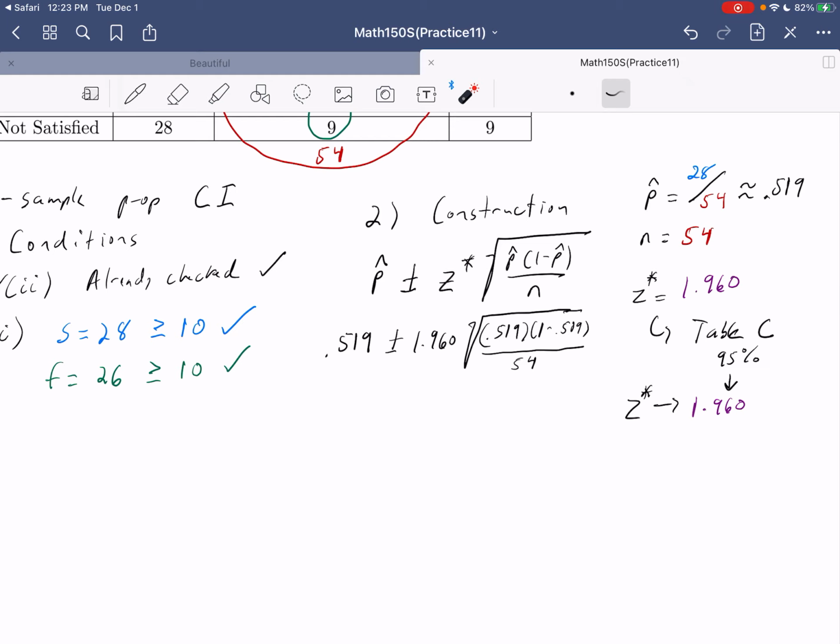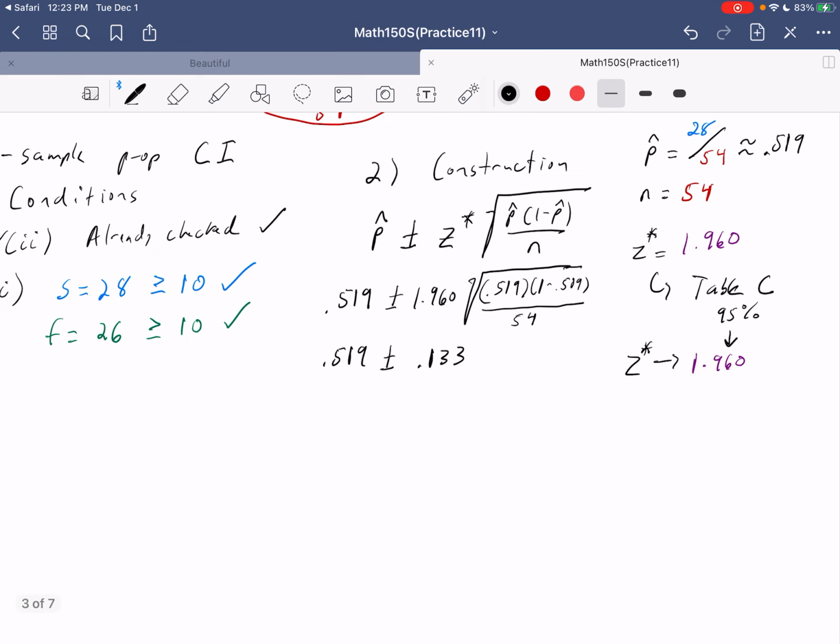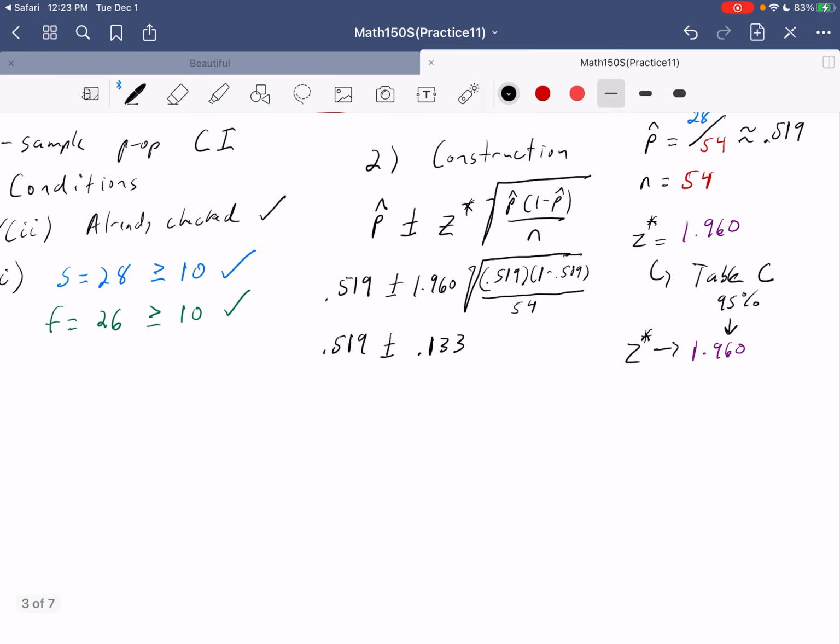So 1.960 times the square root, parentheses 0.519, times parentheses 1 minus 0.519, divided by 54. And looks like we should get 0.519 plus or minus 0.133 as our margin of error. Then we can build our interval, do our subtraction first, 0.519 minus 0.133.